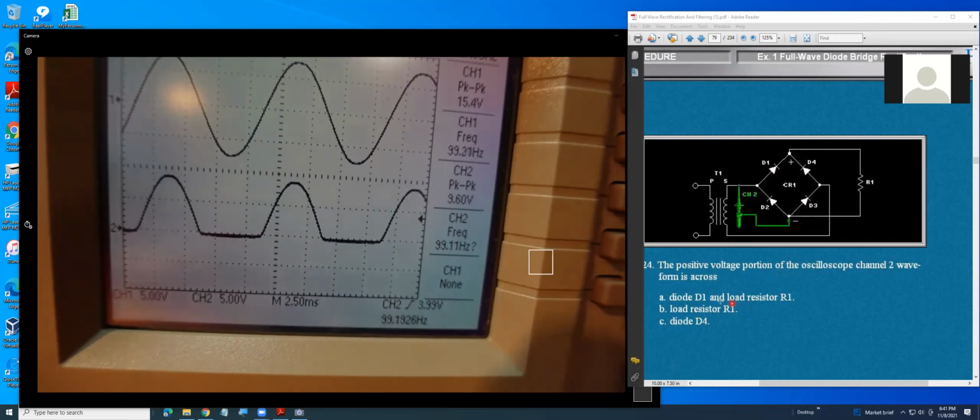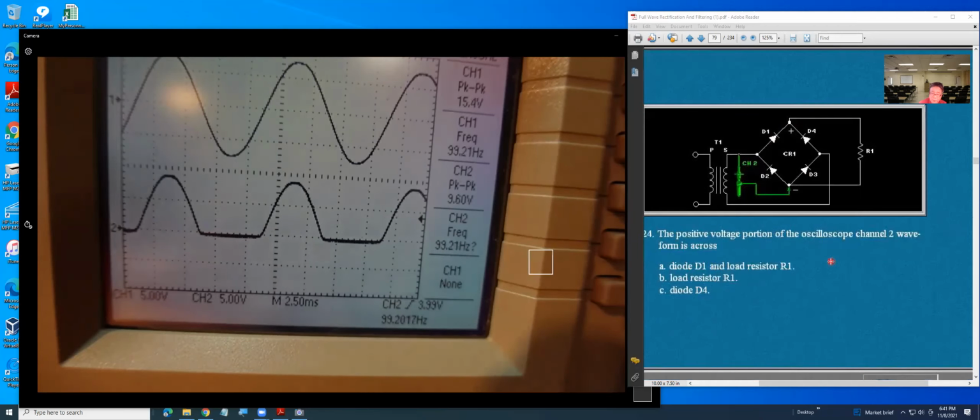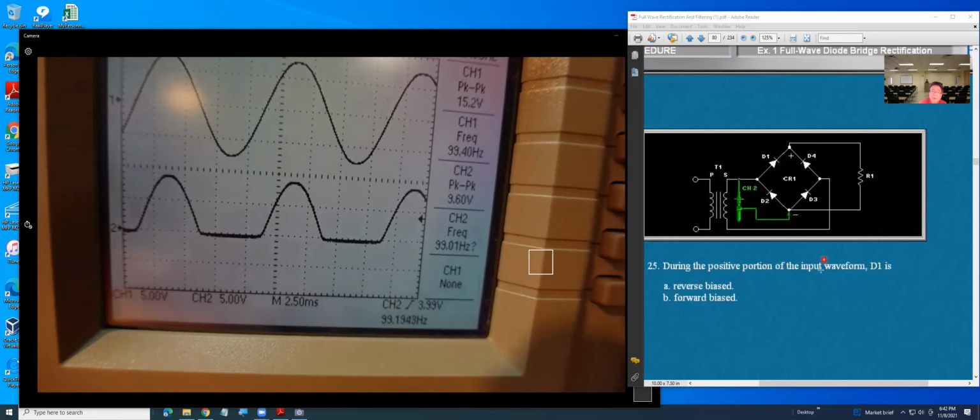Exactly. Diode D1 and load resistor. Okay. During the positive portion of the input waveform, D1 will be... that's a very simple question.